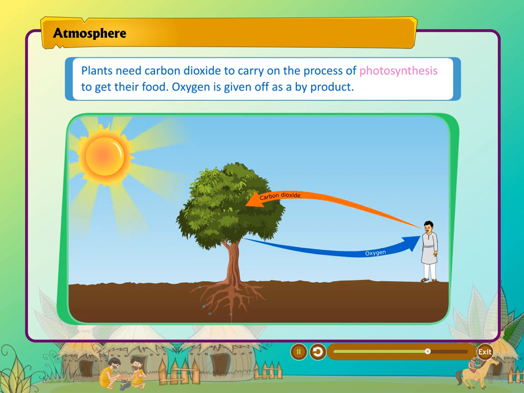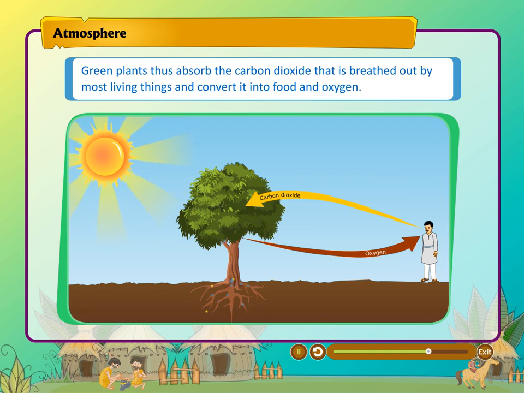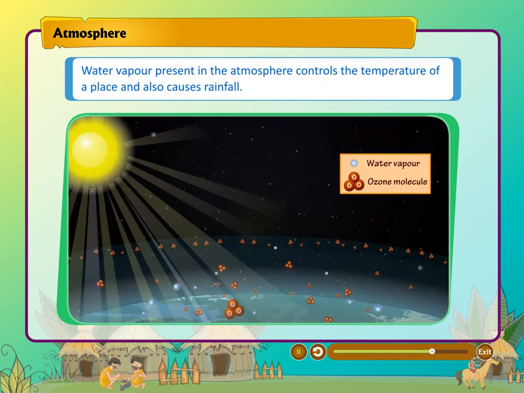Oxygen is given off as a byproduct. Green plants thus absorb the carbon dioxide that is breathed out by most living things and convert it into food and oxygen. Water vapor present in the atmosphere controls the temperature of a place and also causes rainfall.